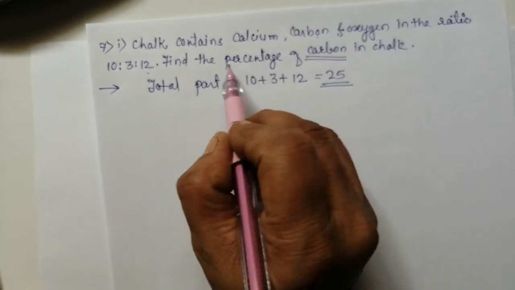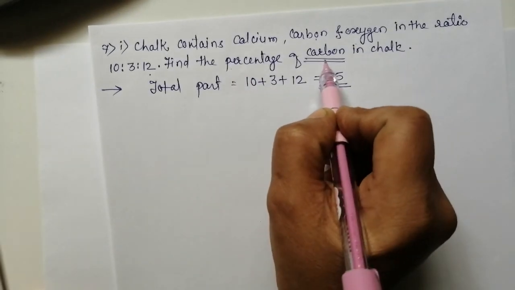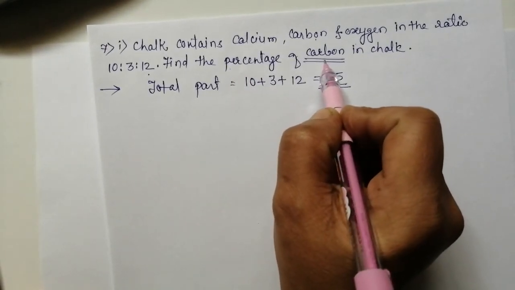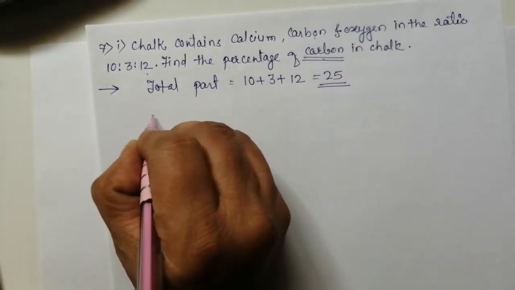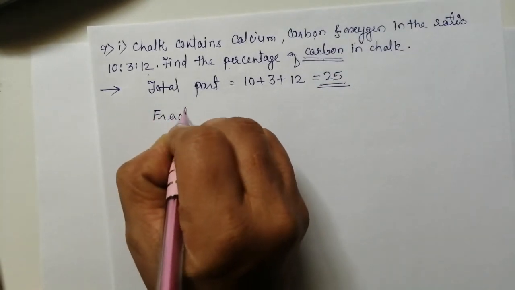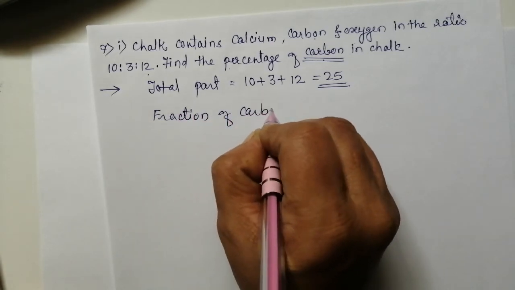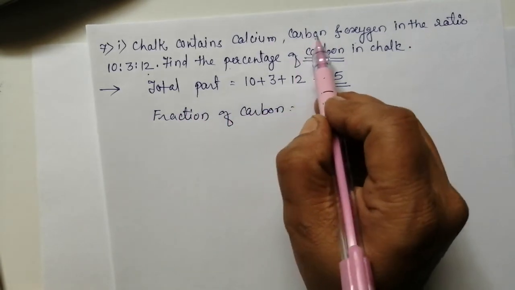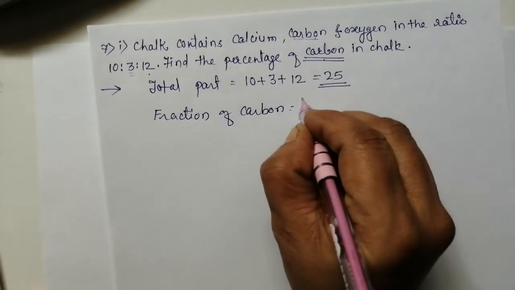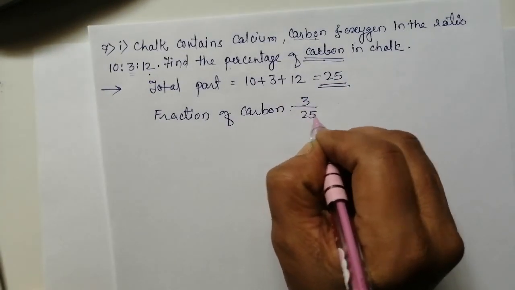Now we will just focus on the percentage of carbon only. So first of all, fraction of carbon we will write. Fraction of carbon is 10 by 25.